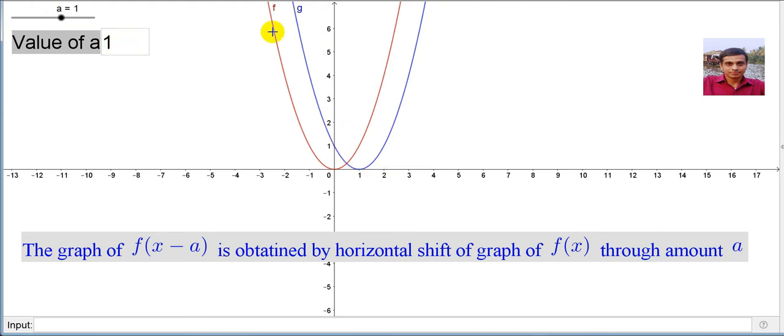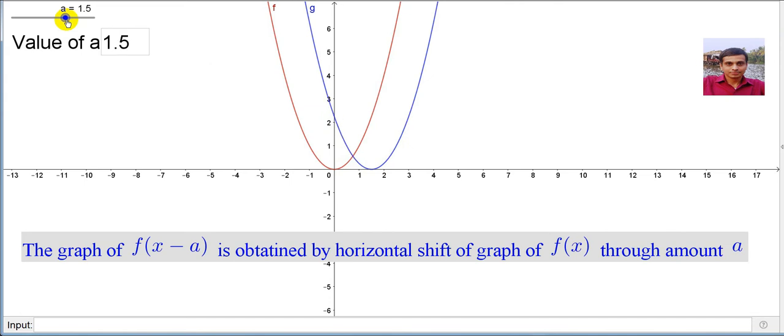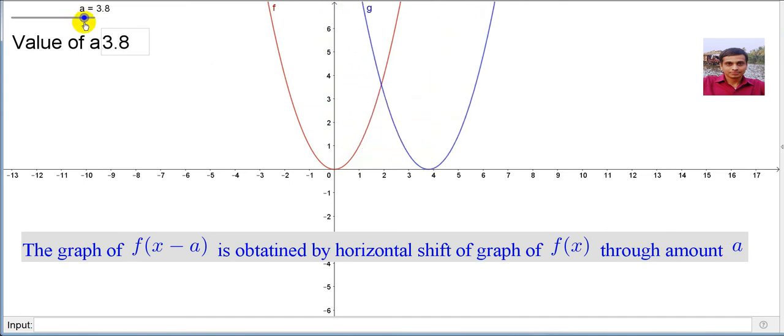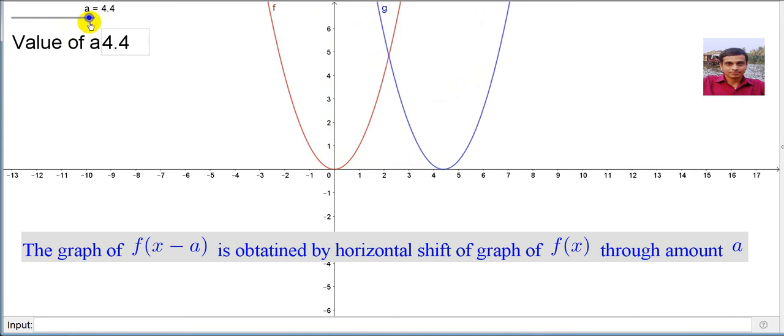So here you can see we have two graphs. The graph in red color is that of x square and the graph in blue color is that of (x minus 1) whole square. So here you can see for different values of a, how we can obtain the graph of f of x minus a. Remember the first relation which we are studying.